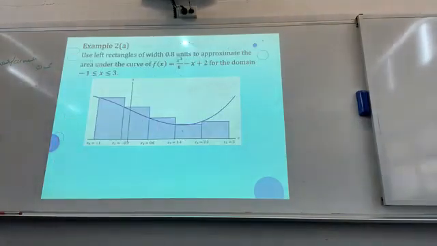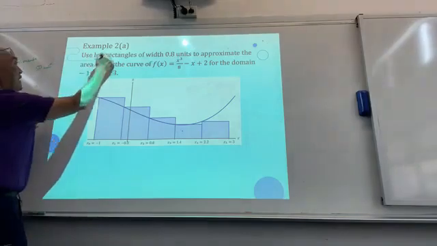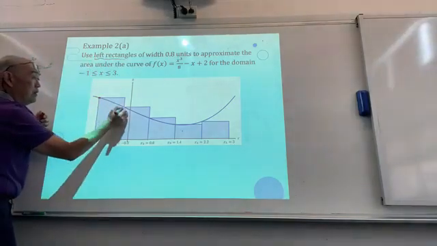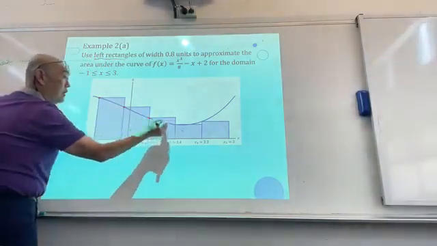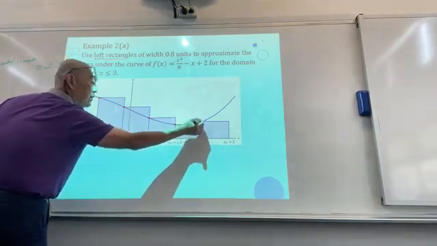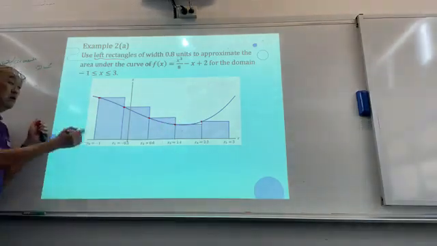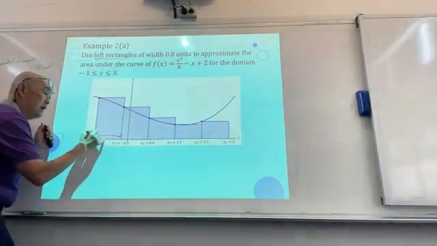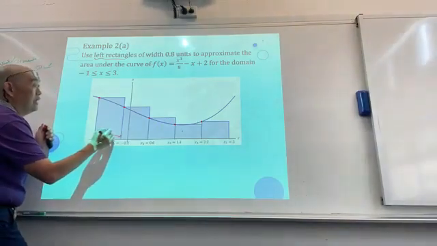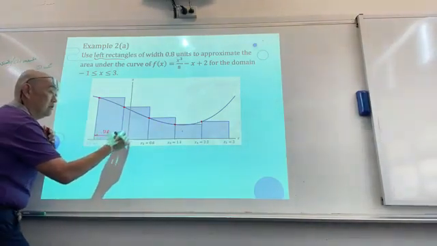So here, for this example, I'm going to use rectangles of width 0.8 units to approximate the area under the curve, all right? So here, left bound, left rectangle, so I need to look at this point, this point, this point, this point, and this point, right? You know that delta x is 0.8.